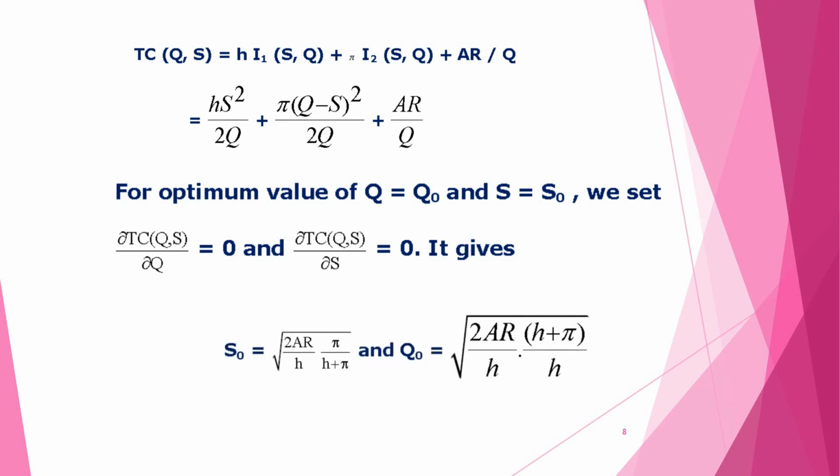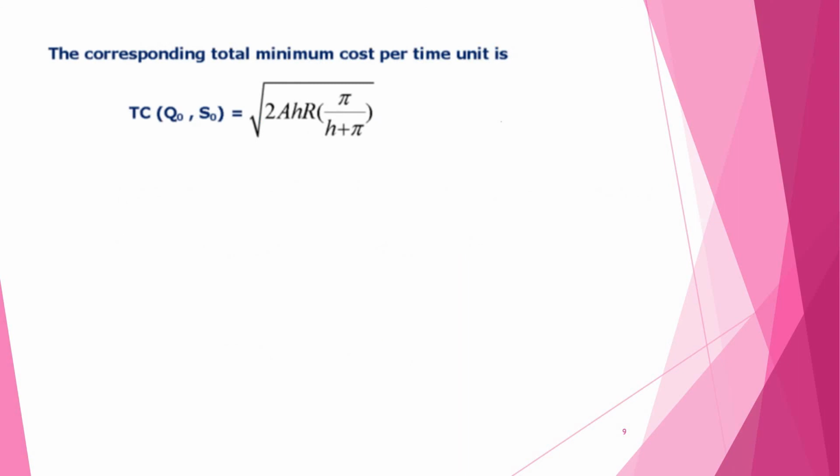Simplifying this, we get S0 as under root 2AR upon H into pi upon H plus pi, and the optimum procurement quantity is Q0 equal to under root 2AR upon H into H plus pi upon pi. And this gives total cost when procurement quantity and order level are decision variables equal to square root 2AHR into pi upon H plus pi.